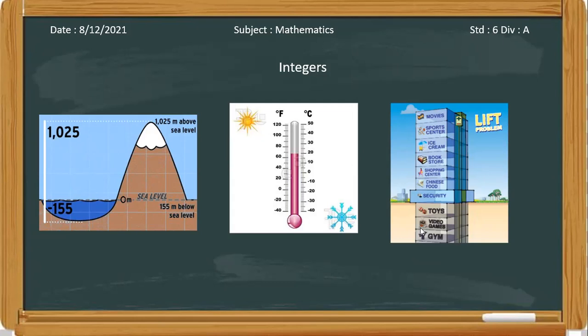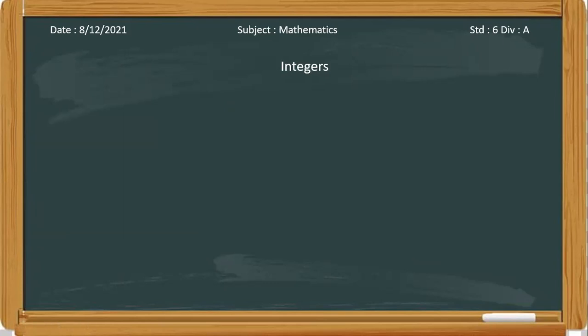Okay, so now tell me the definition of integers. What are integers? Give me a rough definition. Anyone?